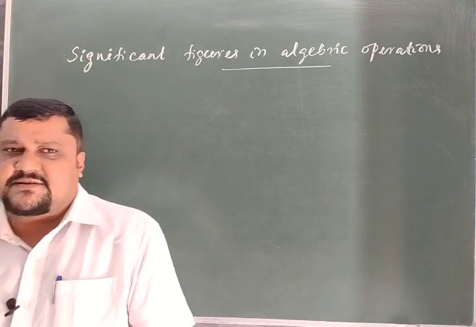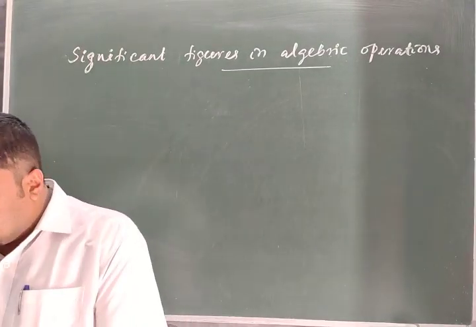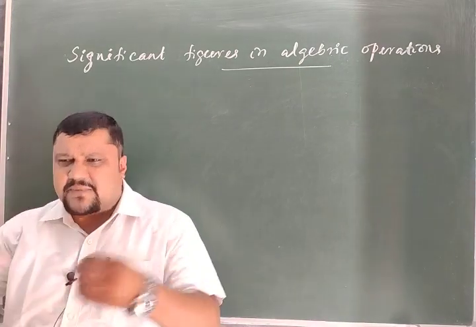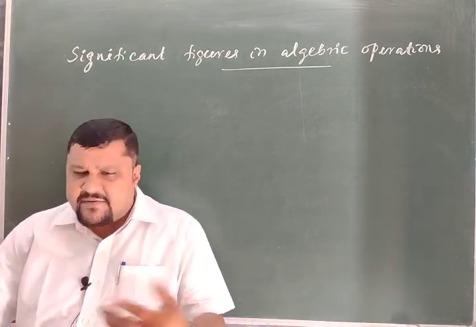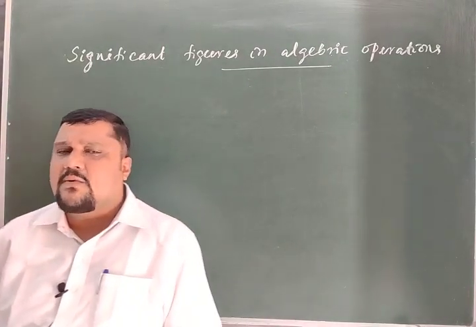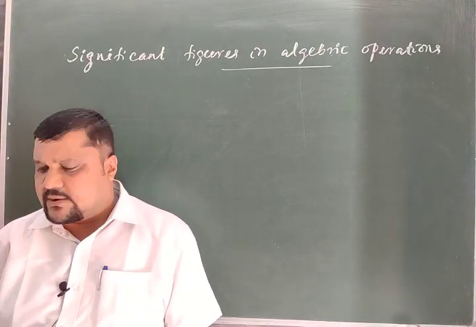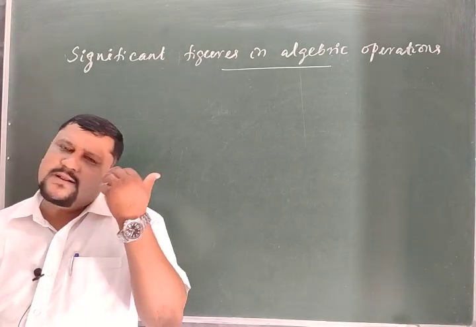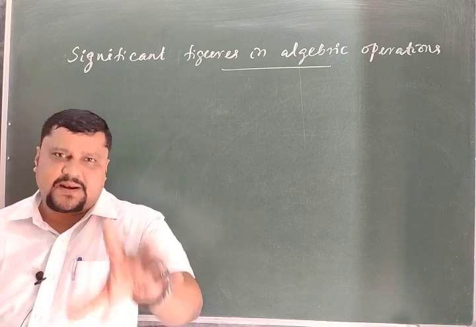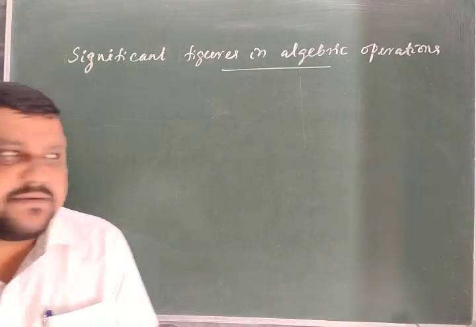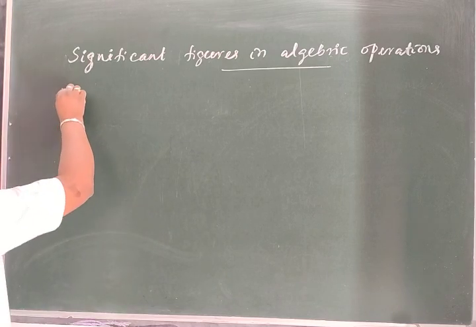When you are adding or subtracting two or more quantities, or dividing or multiplying them, the significant figure plays a role. Generally like quantities are added or subtracted, so I will go for addition and subtraction first.